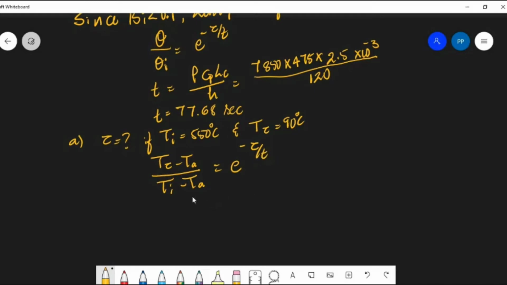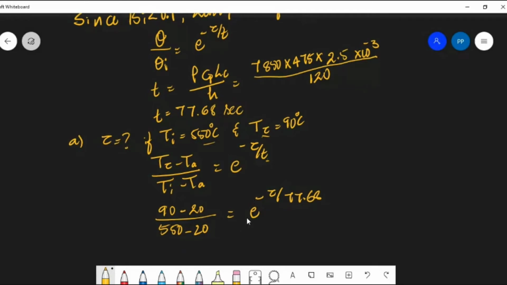Now let us substitute the values. Here T tau is known, Ti is known, Ta is known, and the time constant is known. Only unknown will be tau. So it is 90 minus Ta, which is 20 degrees Celsius, divided by 550 minus 20, which will be equal to e to the power of minus tau divided by 77.68.